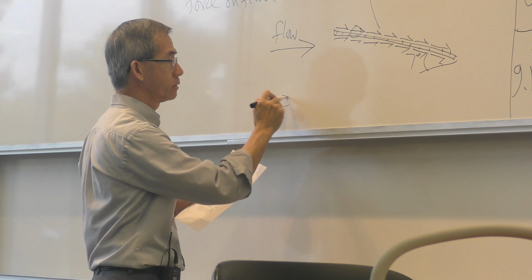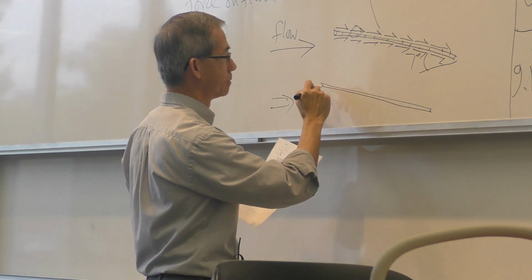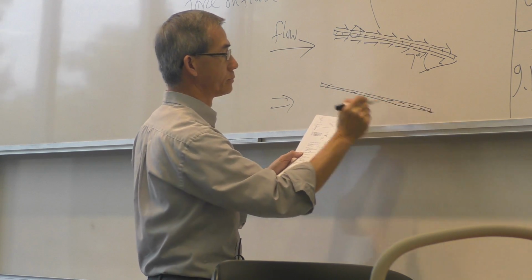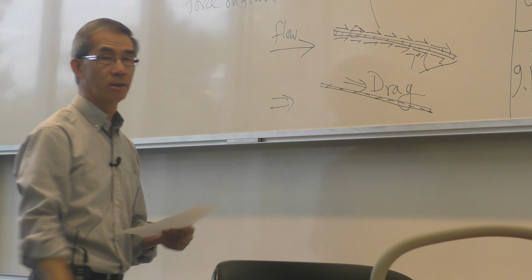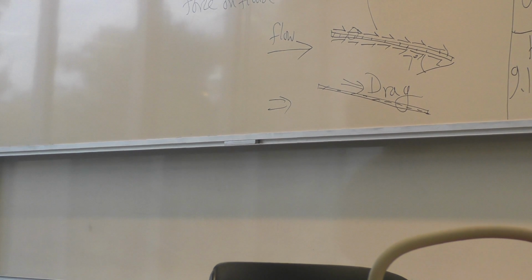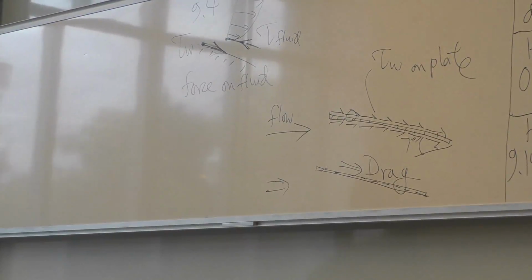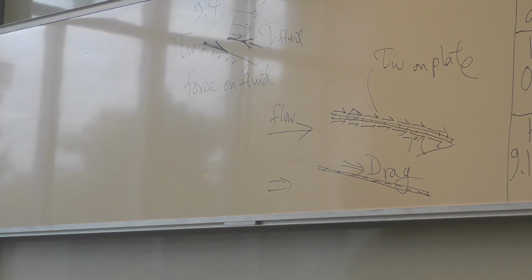Now you have an equivalent effect of this airfoil at an angle of attack, of which, if you sum up all that shear, will give you the total shear drag, the drag that is due to friction. And it's tending to push the plate away from the flow, in the direction of the flow.